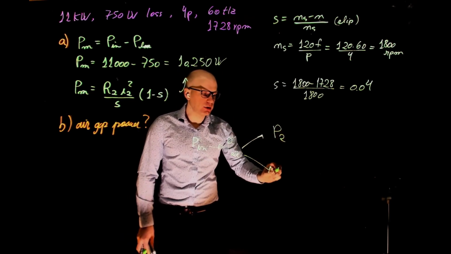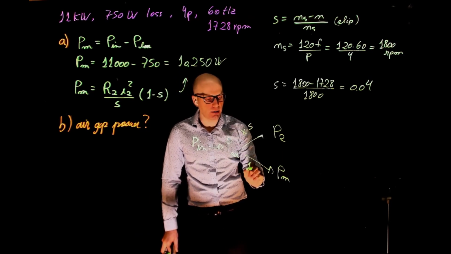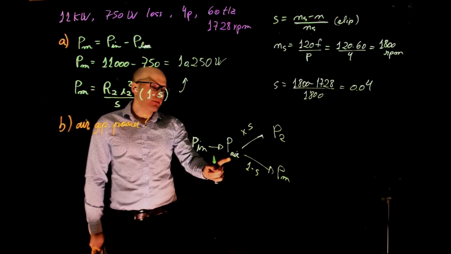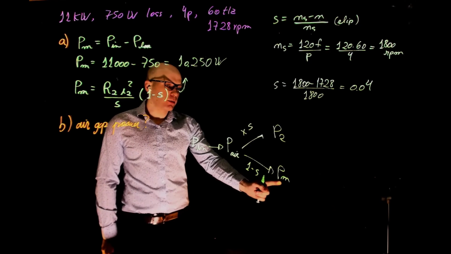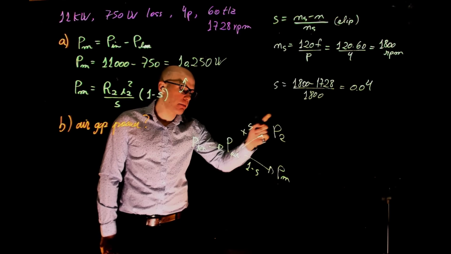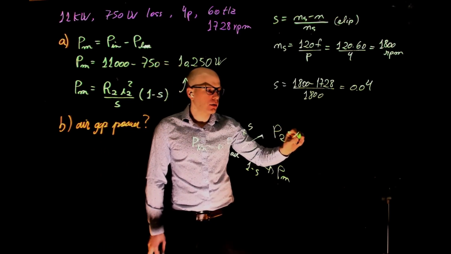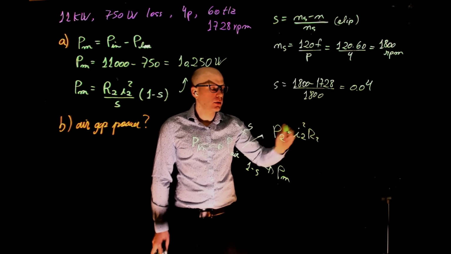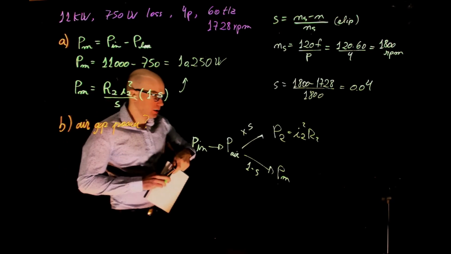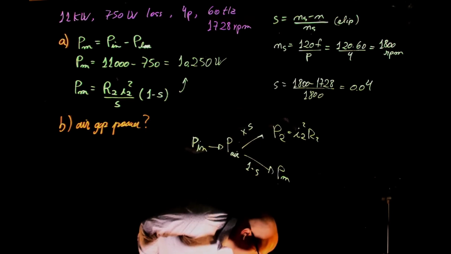Part of that is converted into mechanical power. So this is the one that is multiplied by S, and this is the one that is multiplied by 1 minus S. So the power that crosses the air gap is greater than the power developed in the motor as mechanical power, because part of this power is dissipated through power losses in the rotor winding. All right, this must be clear. So that should actually be greater.